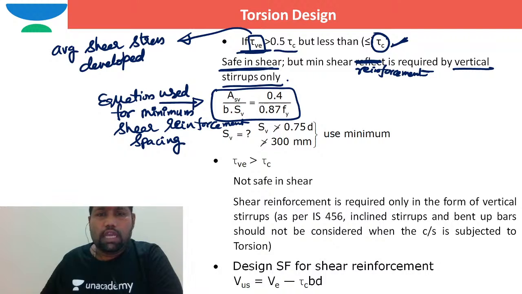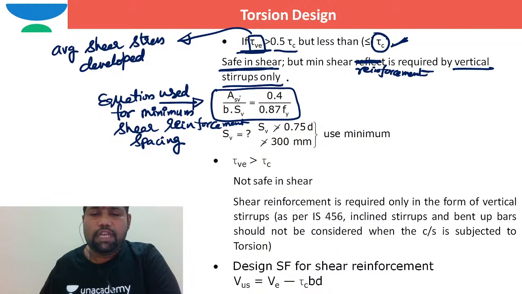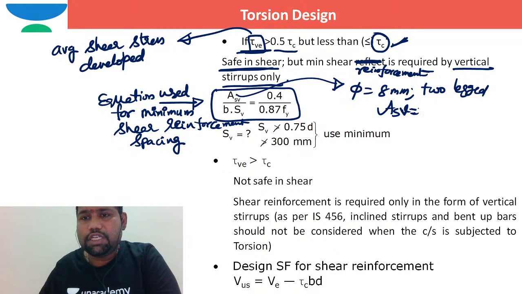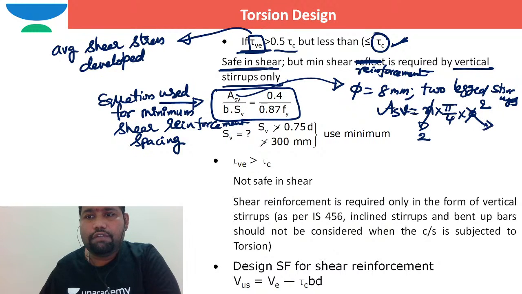Generally, the design of shear reinforcement means we need to fix the stirrup diameter. If we fix the diameter of the stirrup as 8 millimeter and it is a two-legged stirrup, then Asv, the cross-sectional area of the shear reinforcement, is n times pi by 4 times phi square, where n is 2 and phi is 8 millimeter.